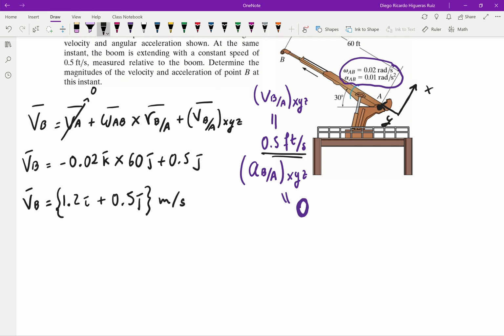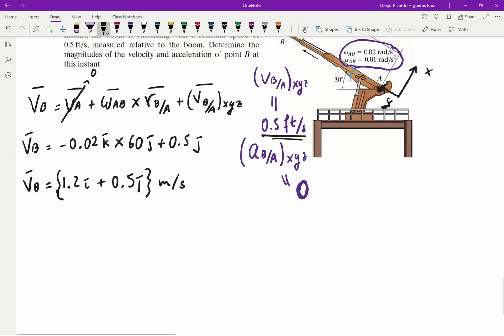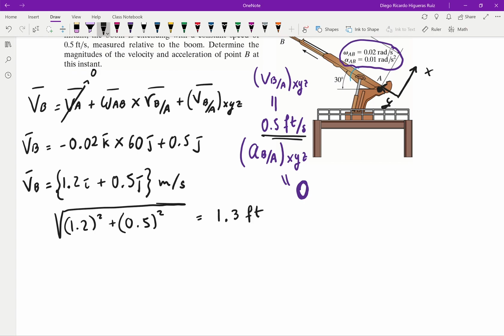That's the vector, so we just need to take the square root of those two components to get the magnitude, and that's going to be equal to 1.3 feet per second. Okay, so that's the first part of the problem.